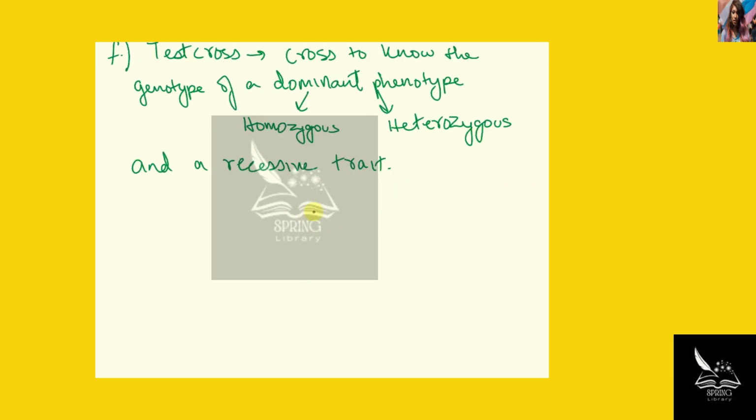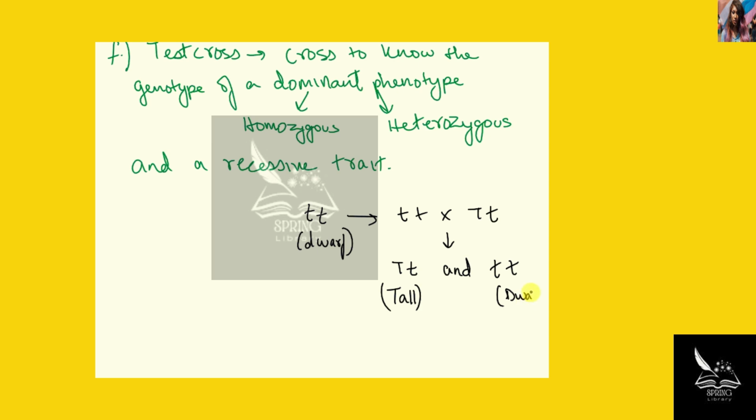Let us take for example, if we cross a recessive dwarf plant with a heterozygous tall plant, the offspring will be heterozygous tall and dwarf. So half will be tall and half will be dwarf.